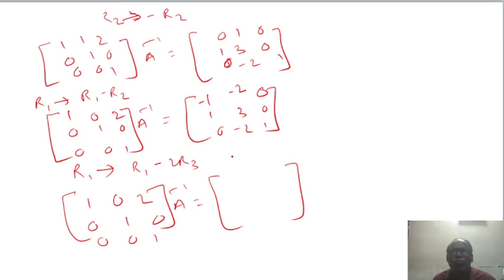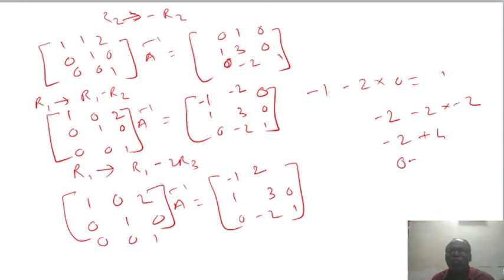Here it is. What about here? There is a change in R1. 1, 3, 0, 0 minus 2 and 1. What we get here? R1 minus 2 R3. Minus 1 minus 2 into 0, that is minus 1. Minus 2 into minus 2, that is plus 4, we get 2 here.